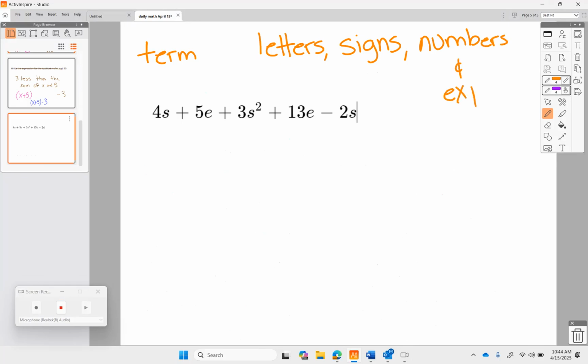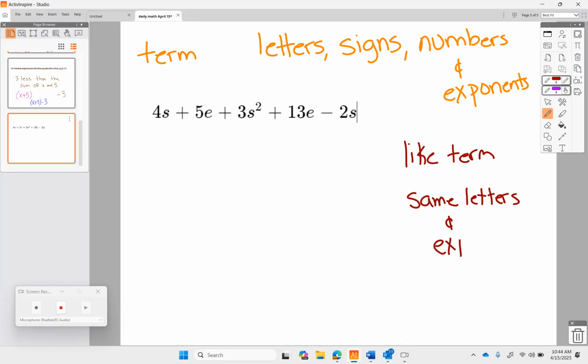In order to group like terms, I need to have the same letters, and if there are exponents, the exponents have to match also. I'll talk about that in a minute.